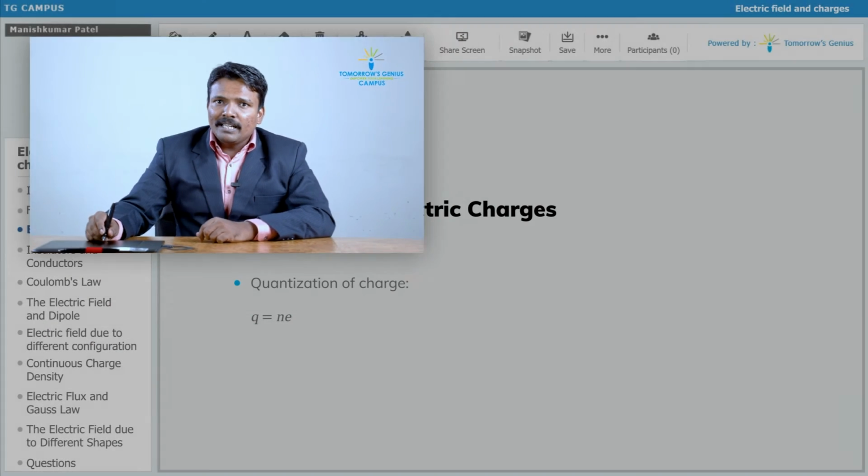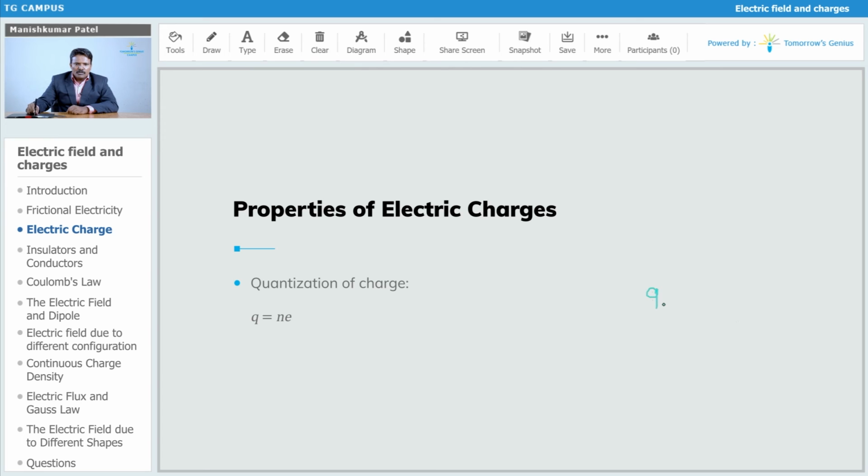The same thing is applicable here also. To measure the electric charge, it is always a multiple of a basic quantity, and that is nothing but the charge on an electron. So the total charge is always an integral multiple of the charge on an electron, that is N into e.